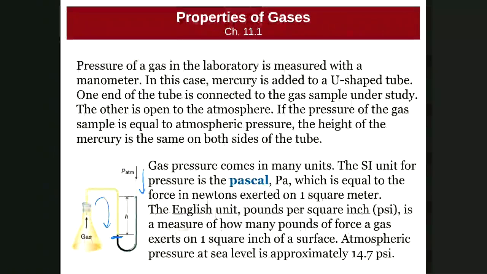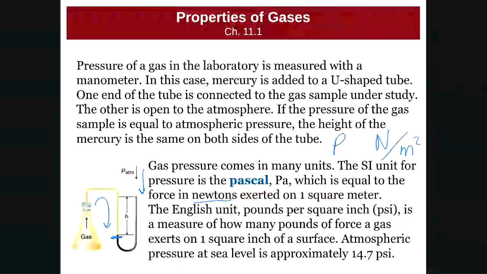And gas pressure comes in many units. The SI unit for pressure is the Pascal, which is equal to a force in newtons exerted on 1 square meter. Newtons is the SI unit for force. So if you need to convert units, a Pascal is equal to a Newton per square meter.